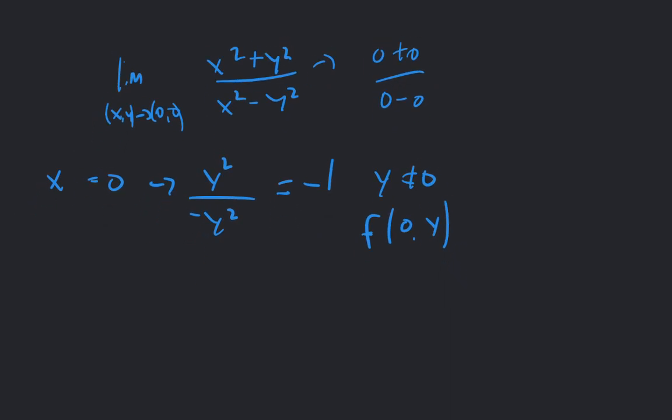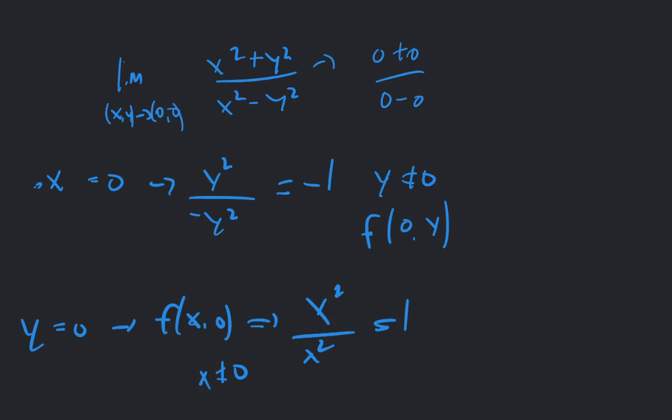And we can also say, okay, well, what if y is equal to 0, and we're going along the x-axis? This was along the y-axis. Now we have f of x, 0, and this just becomes x squared over x squared, which is just equal to 1, assuming that x cannot equal 0.